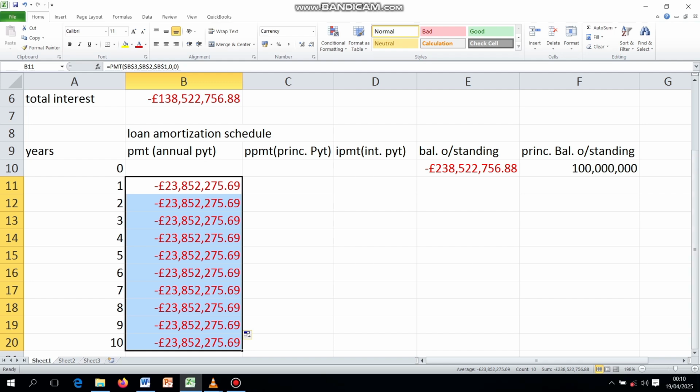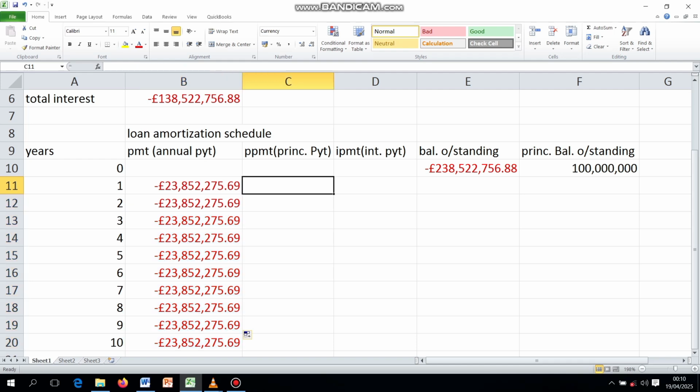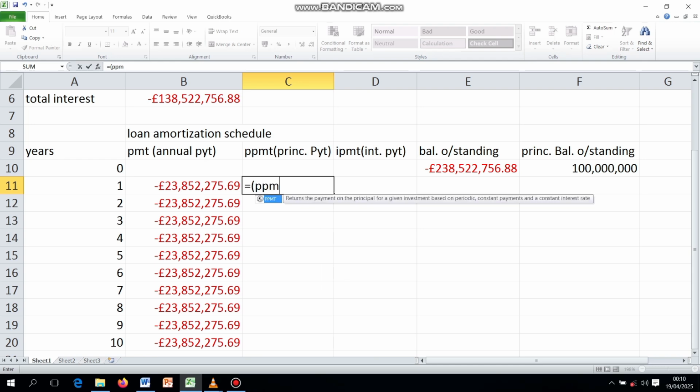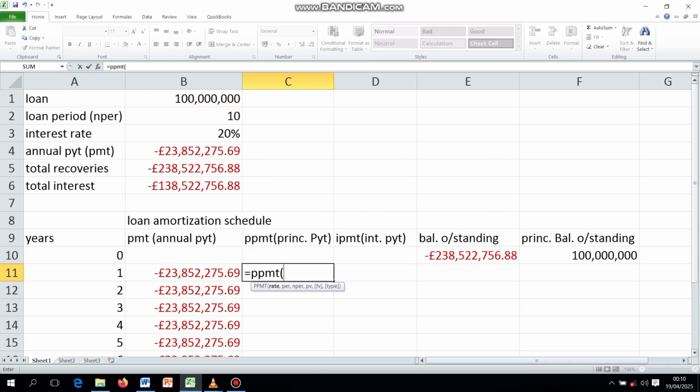I'm going to come now to the principal payment, and I'll get it with our formula which is equals PPMT, principal payment. I open the bracket. I get the rate. They gave us the rate which is 20.